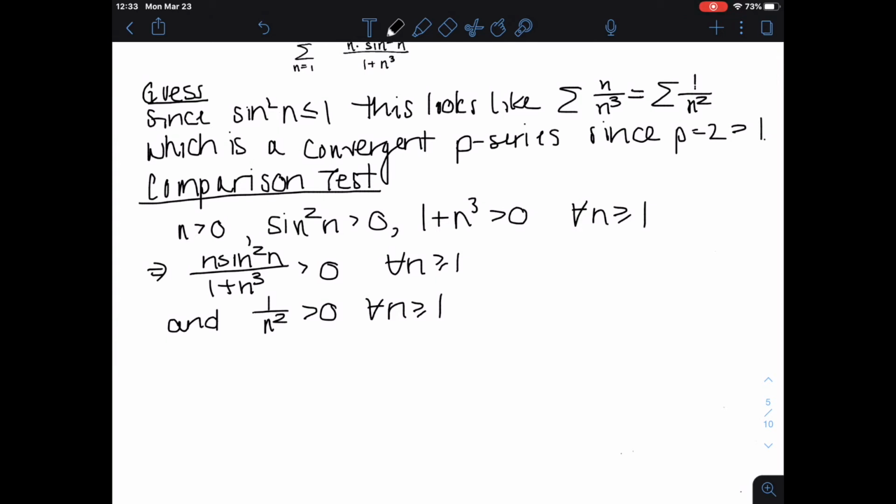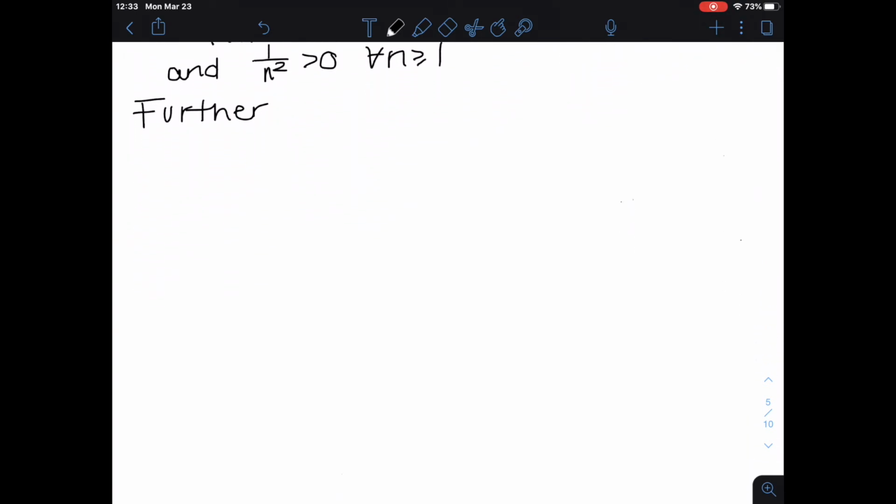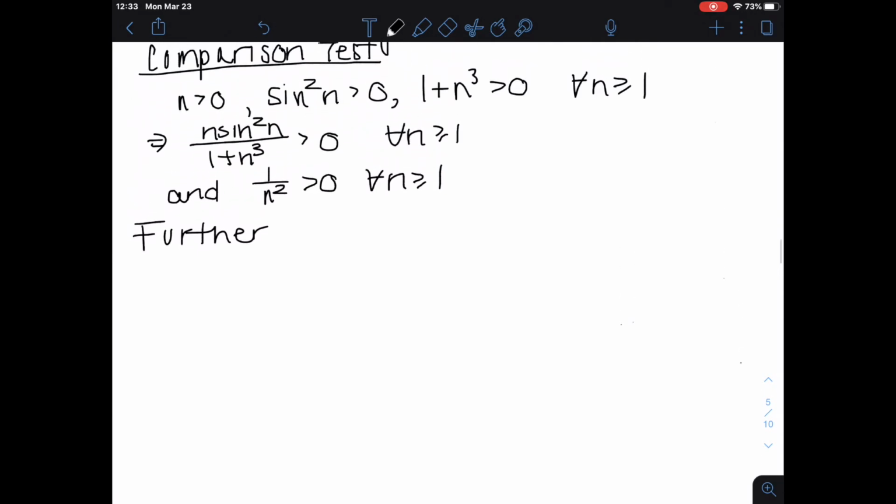Okay. So now we want to make our comparison. We think this is convergent, so we better be able to show that our terms are smaller than the terms of the convergent series. Right. So if we look at the denominators between each of these, and we want to use that unsimplified version, 1 plus n cubed is bigger than n cubed.